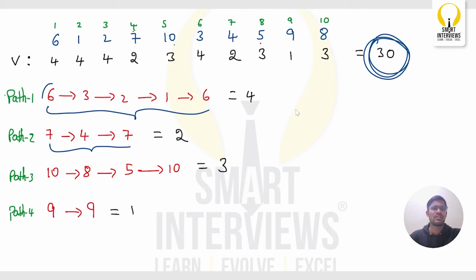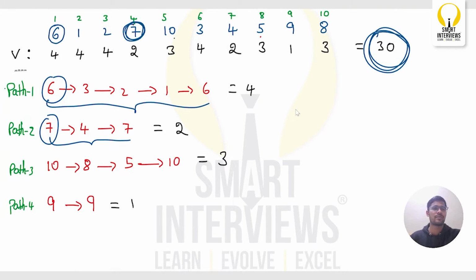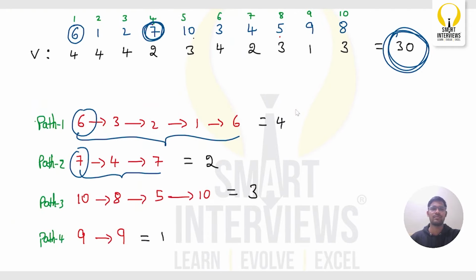Let's take 6. I'll swap this 6 with 7. So if I swap these two values, I'll swap 7 here and 6 here.